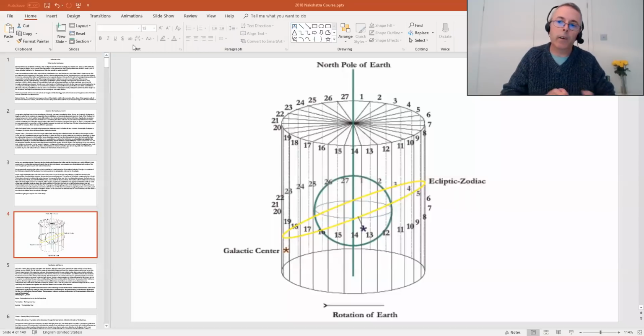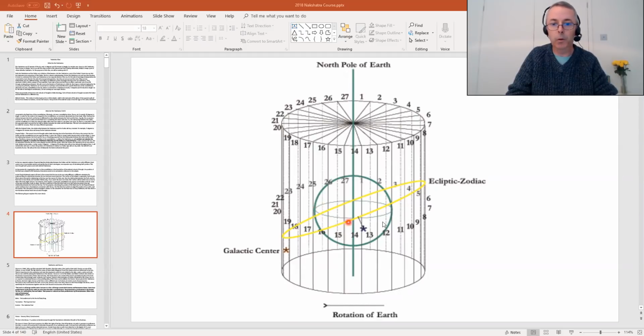Okay, so I'm going to bring up another diagram. This diagram is borrowed, I should mention, from my colleague Ernst Wilhelm, because he did such a wonderful drawing of it. It's absolutely perfect. So I want to use this to explain it. So this blue circle in the center is obviously the Earth.